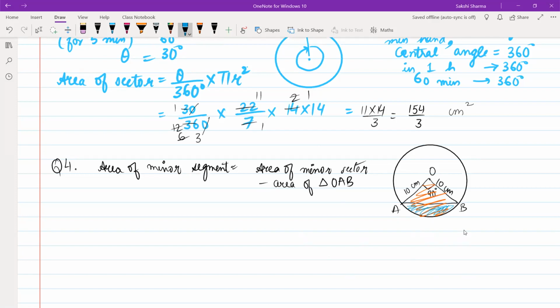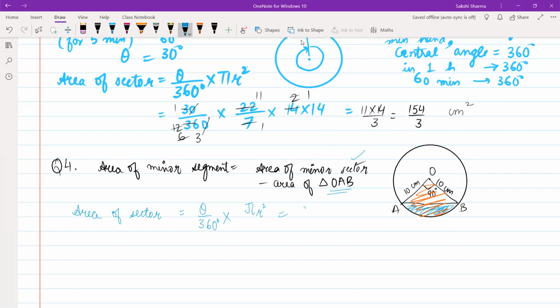Now I'm going to do this in parts. First of all, let's find out the area of the sector here. And the area of the sector is given by theta by 360 degrees into pi r square. So this is the first value I'm going to find out. And then I will find out the area of the triangle and I'll subtract the two.